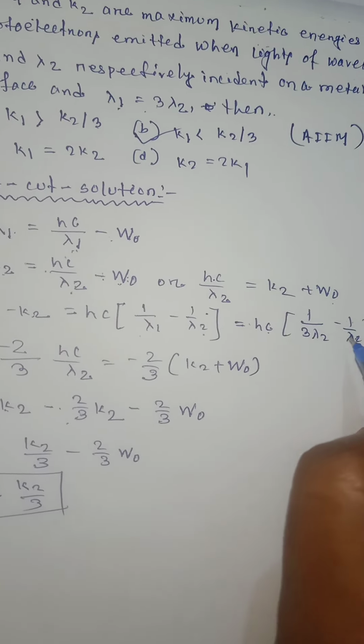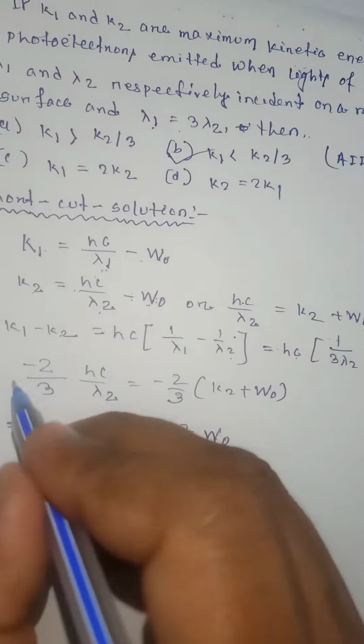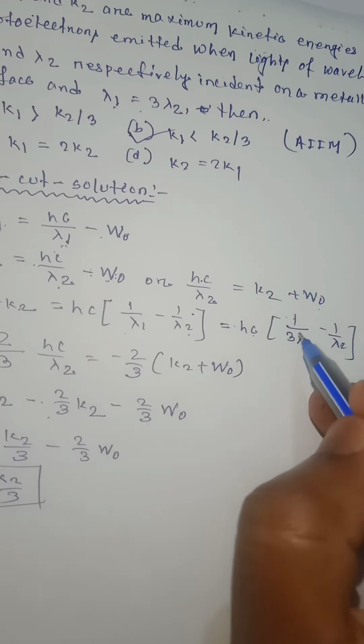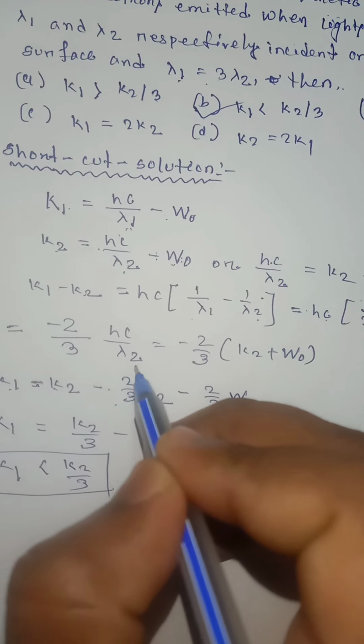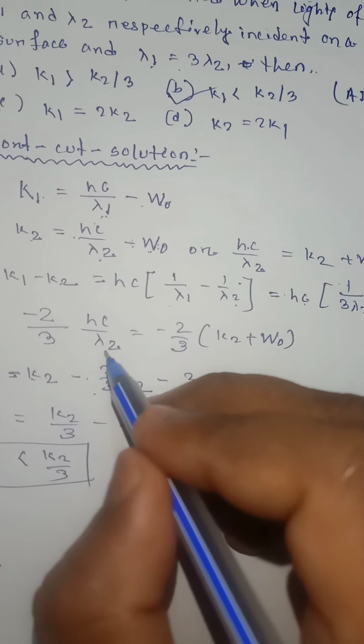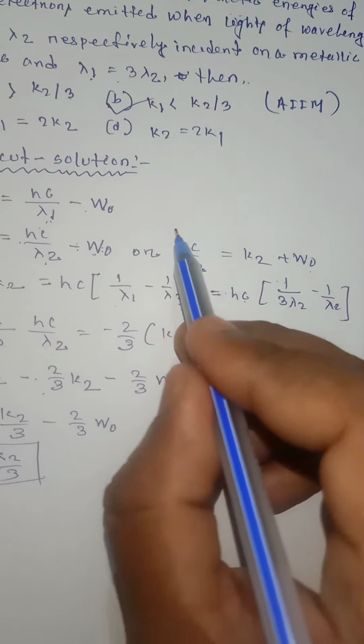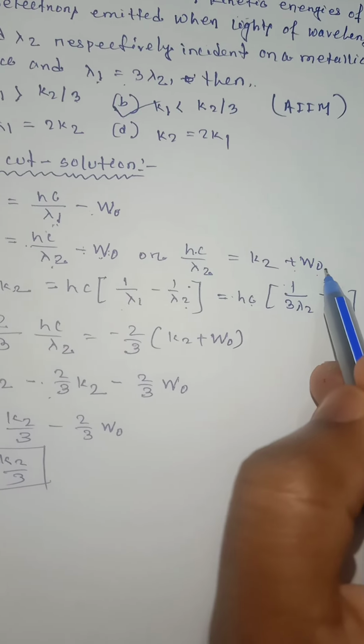taking LCM 3 lambda 2, 1 minus 3 is minus 2, so we get minus 2 by 3 of hc by lambda 2. The value of hc by lambda 2 is K2 plus work function.